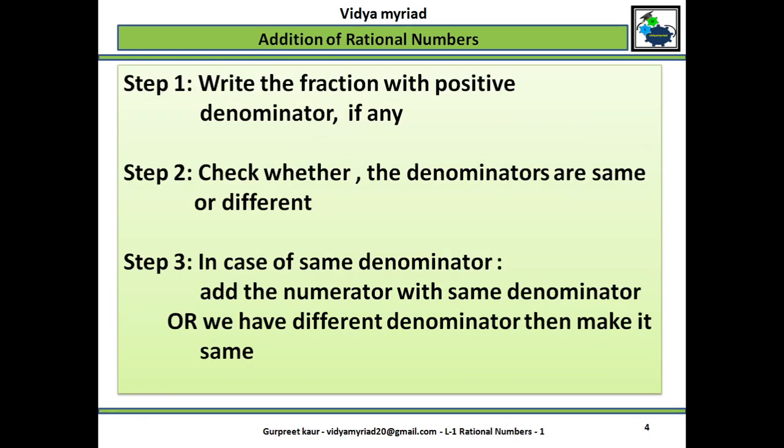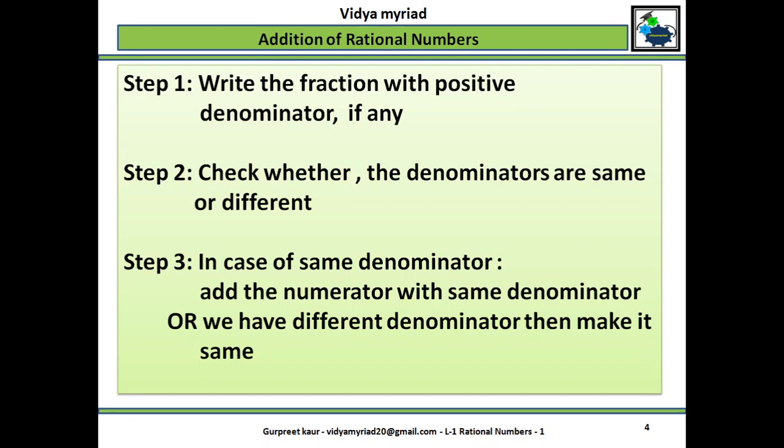Now I am going to tell you something about addition of rational numbers, what you need to take care of. First of all, maybe you are given 2 rational numbers or 3 rational numbers. Step number 1, you need to see that your fraction has a positive denominator.